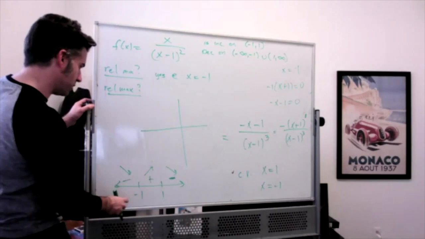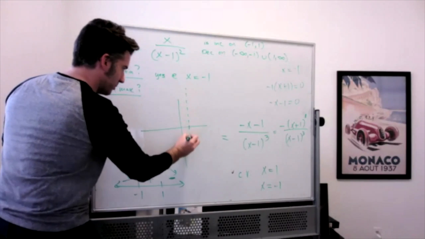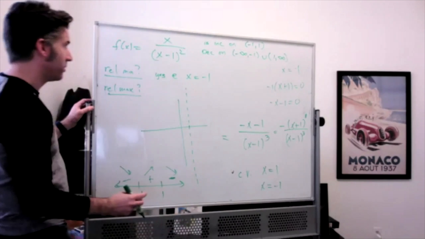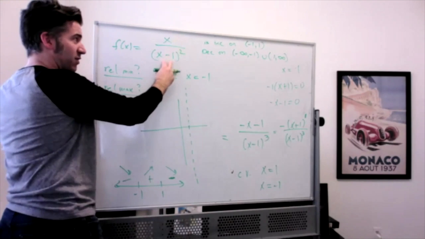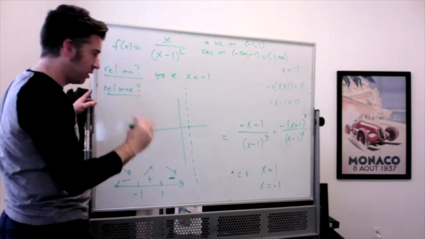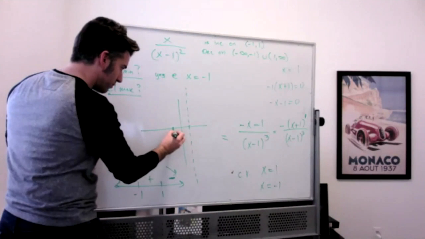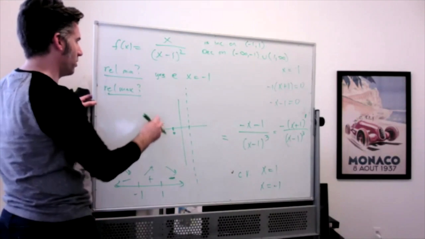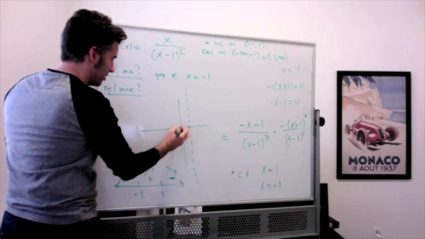We've got our function. At positive 1, we have a vertical asymptote. If I plug in negative 1, I get negative 1 over negative 2 squared, which is negative 1 over 4. So I plug in negative 1, I get negative 1/4. And when I plug in 0, I get 0, just to have the intercept there. So here's what's happening.